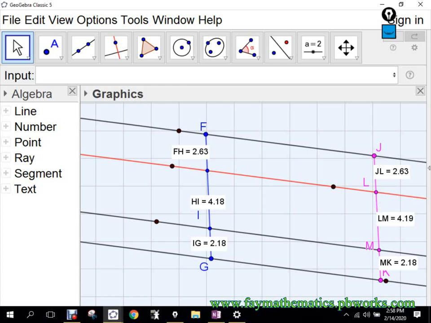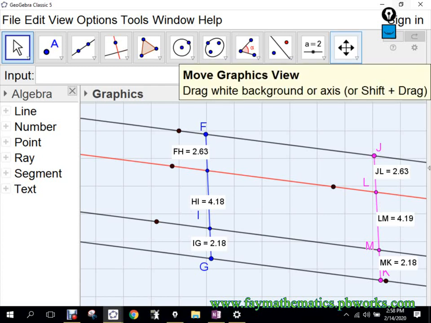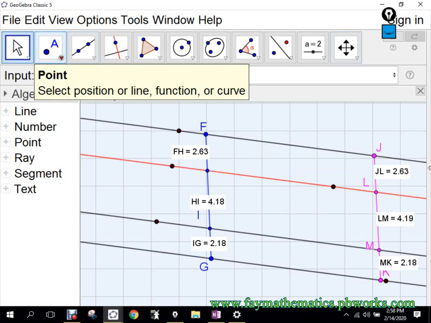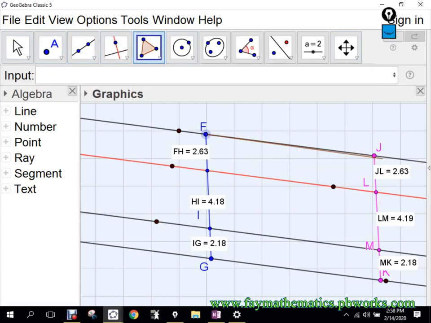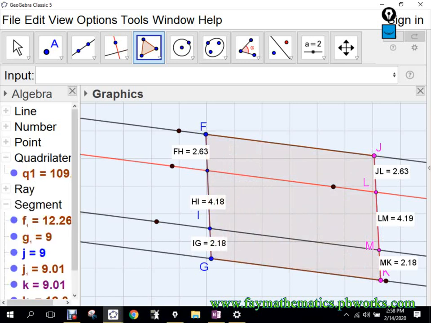So the blue and purple lines are parallel, and all of the black lines are parallel, so if I gave you something like this, that shape right there that I just colored in is a what if both pairs of opposite sides are parallel? Parallelogram. It might be a rhombus, it might be a rectangle, it might be a square, but by its simplest category, it'd be a parallelogram.